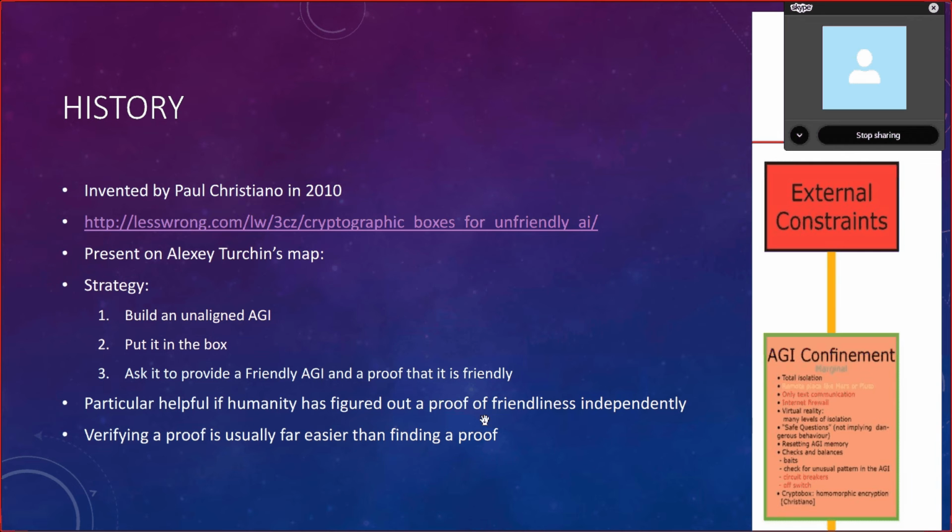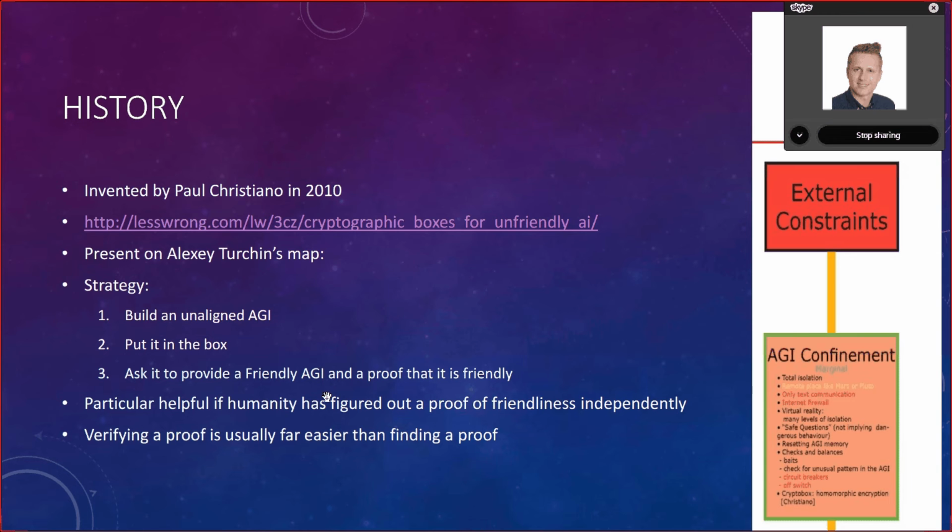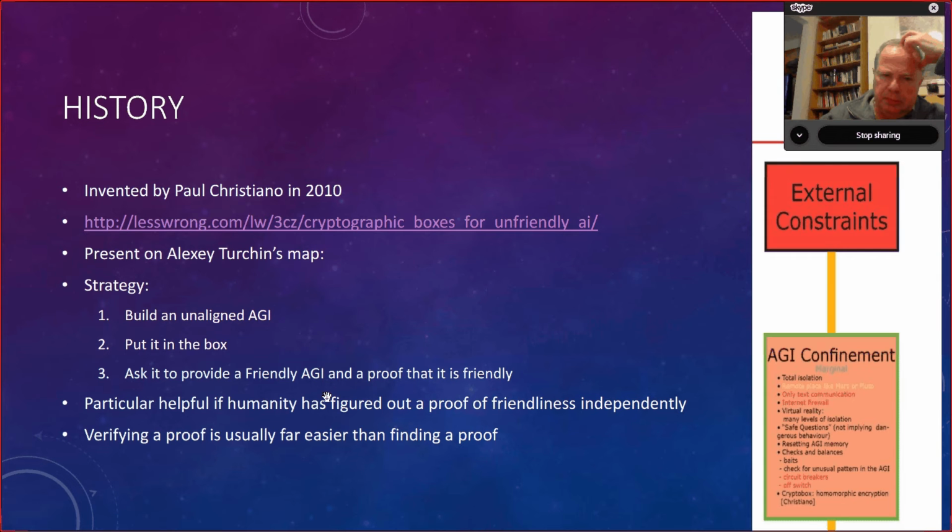And also in many mathematical and computer science contexts, it turns out that verifying a proof is a lot easier than finding a proof. So it is indeed possible that there is a superintelligence capable of giving a proof that a particular AGI is friendly, and unable to fake this proof. There's a huge difference, and that's kind of the hope.